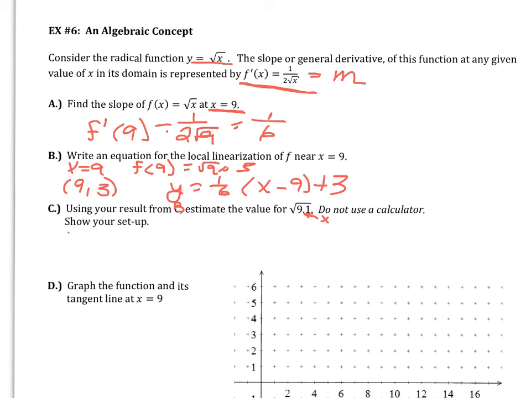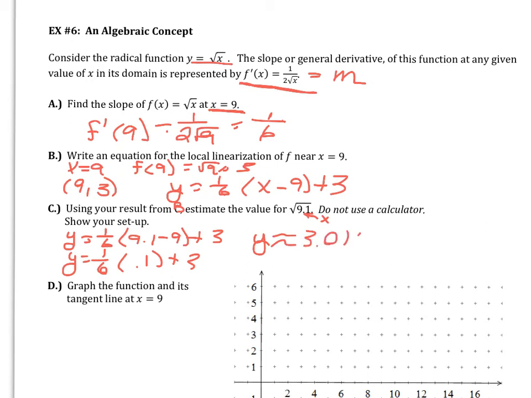We want to say y is equal to 1/6 of 9.1 minus 9, plus 3. So we've got y equals 1/6 of 0.1 plus 3. So it's going to be approximately 3.0166.